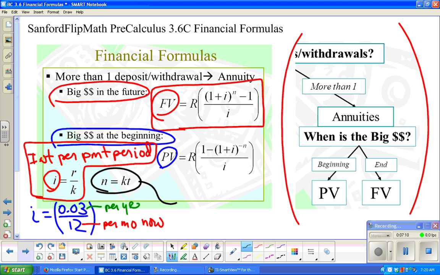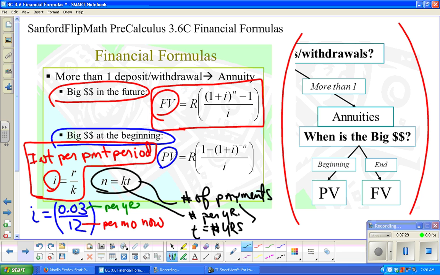One of the other things that is new to this formula is N. N is the number of payments. So K is the number per year, T being the number of years. When I multiply them, I get the total number of payments.